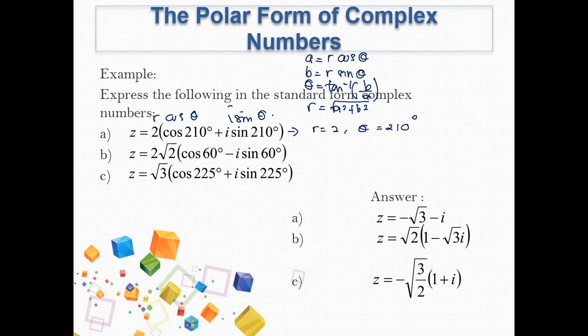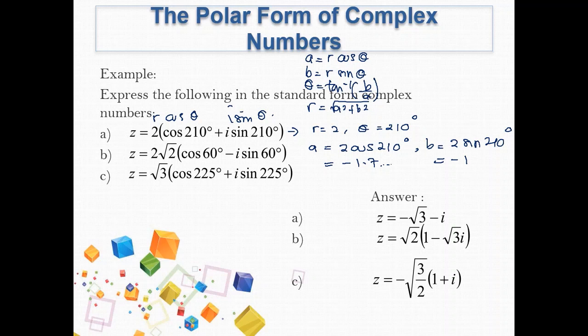Alright, so from here we can directly get the value of a, where a is 2 cos 210, and b is equal to 2 sin 210. When you substitute the values into the calculator, you will get a equivalent to negative 1.7 something, and b here you will get negative 1.